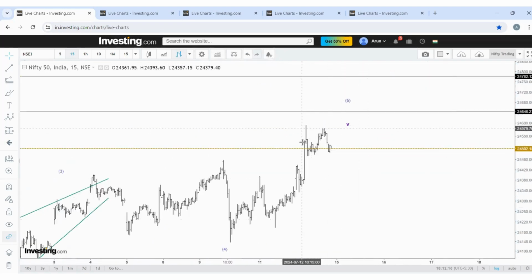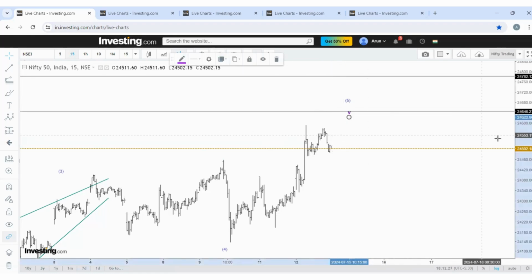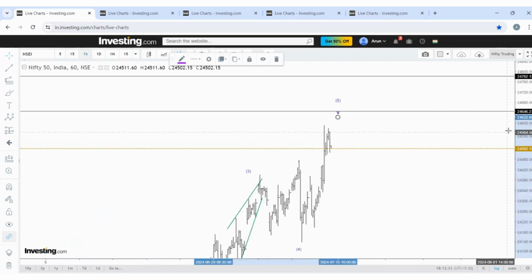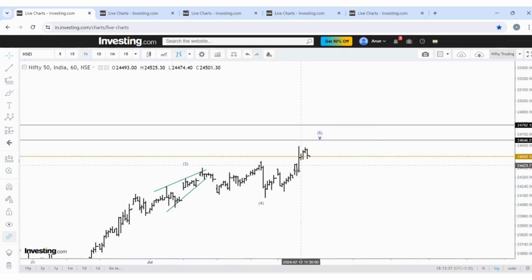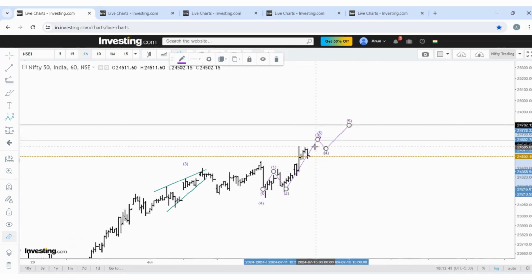I think this is a possible ABC sideways. Yes, the price can reach 24,650 levels. But the thing is, will it cross 650? We need to see. There are two options now. It can be 1, 2, 3, 4, and 5, or 1, 2, 3, 4, and 5.